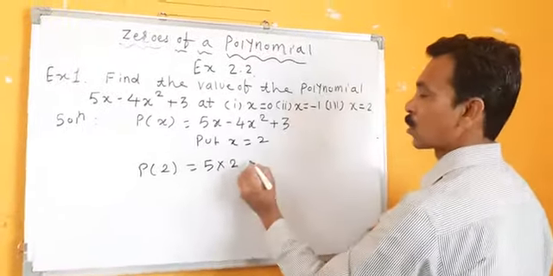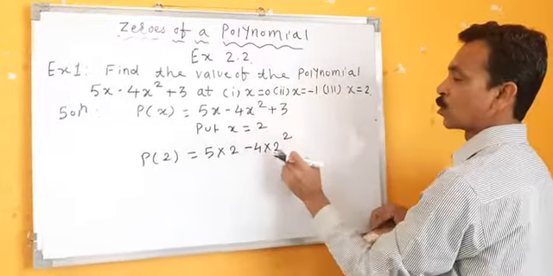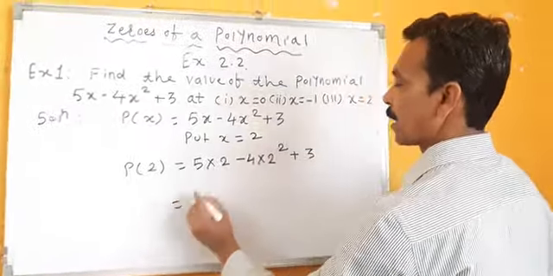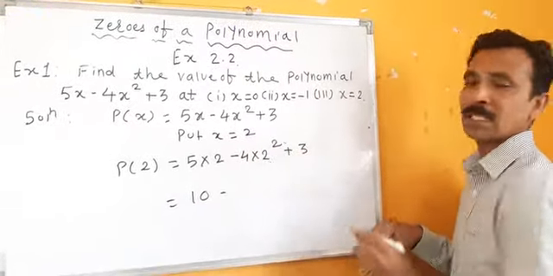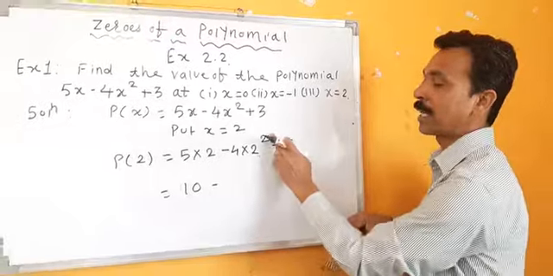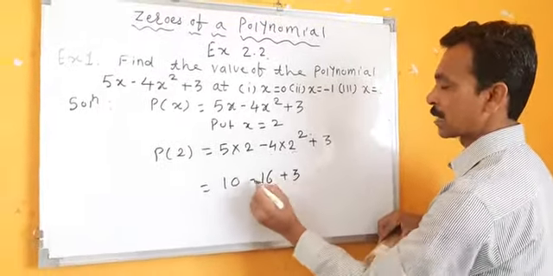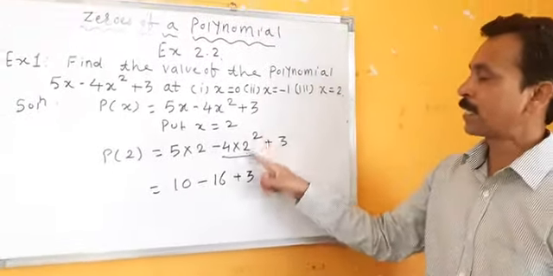The value of x is 2, minus 4 into 2 square, because x is 2, plus 3. That is 5 2s are 10, minus 2 square is 4. What is 2 square? 4. 4 4s are 16, plus 3. Again I am repeating how I got 16. First you take the square of 2.